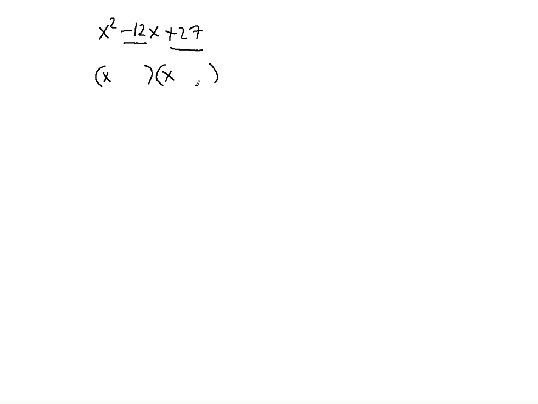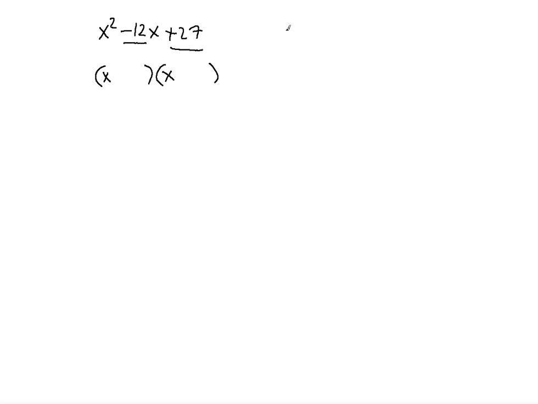And how to figure out these numbers, this task rests solely on these numbers that we need to use, the negative 12 and the positive 27. So how are we going to use that? 27 will be a product of the two numbers that we're missing in each parentheses, the two remaining terms. So we have to find a product that will give us 27.